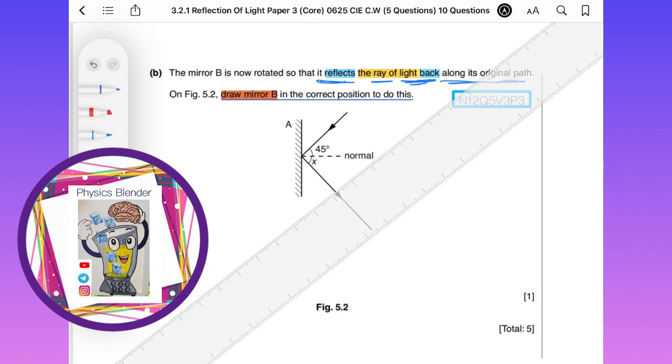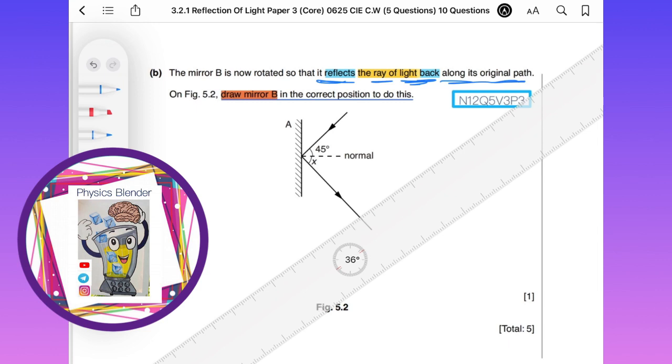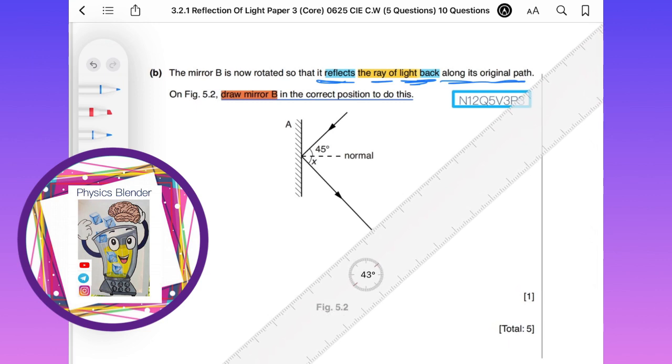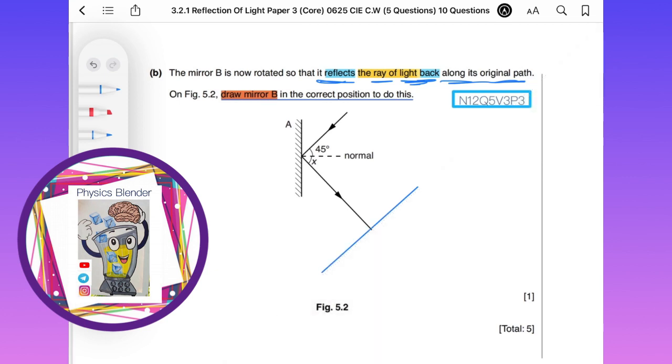You will draw the mirror perpendicular to the ray. So the mirror will be like this. To differentiate between a normal line or ray or whatever, you have to draw these shaded lines to indicate this is a mirror.